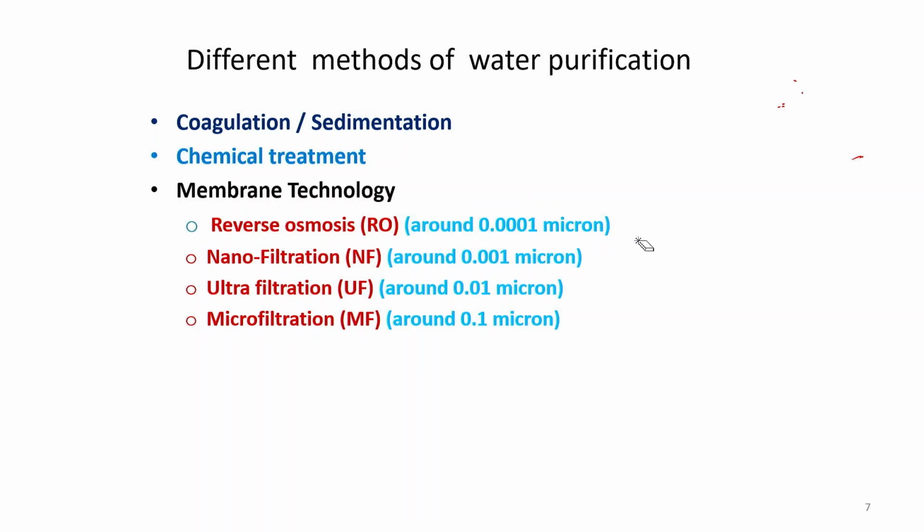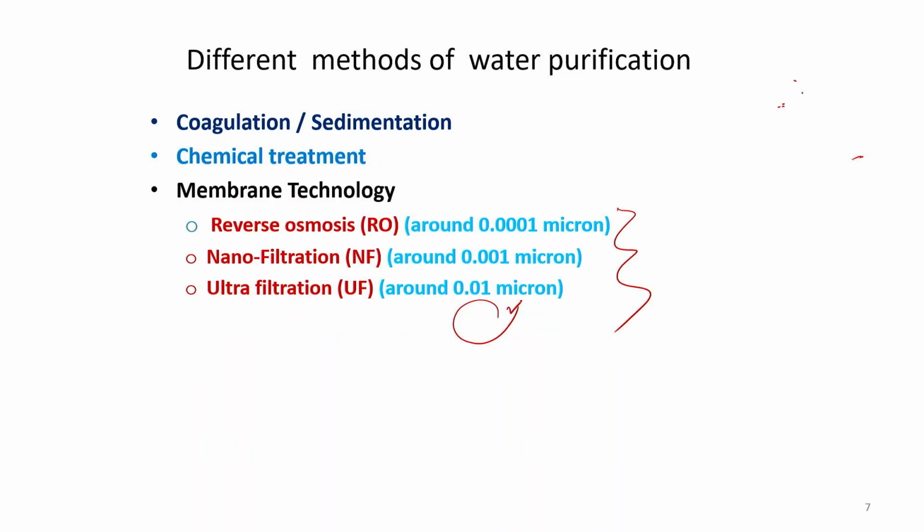Now, microfiltration, its membrane pore size is around 0.1 micron. So, if you see, the particles are captured physically by the pore size. So, particles finer than this pore size can flow through.